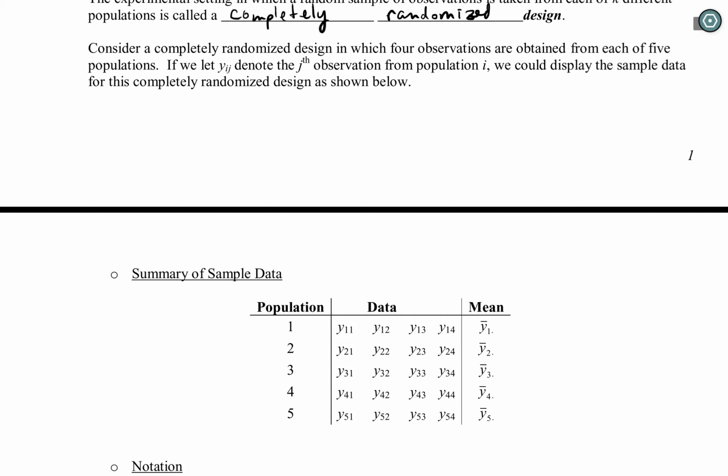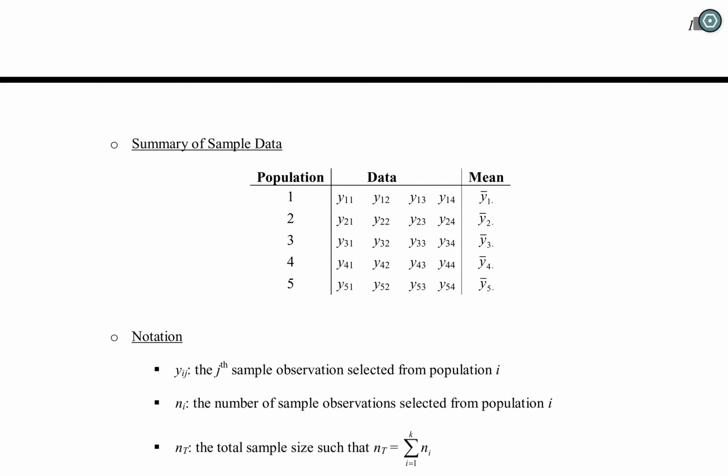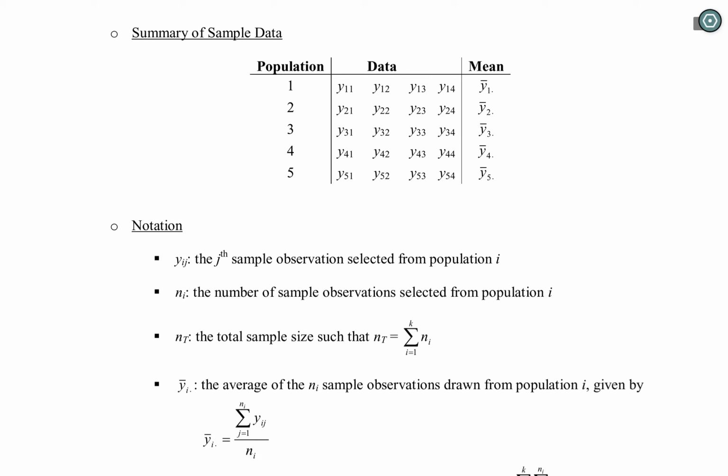The second subscript tells us the observation number within that sample from that particular population. Okay, so here is some data here in a table.